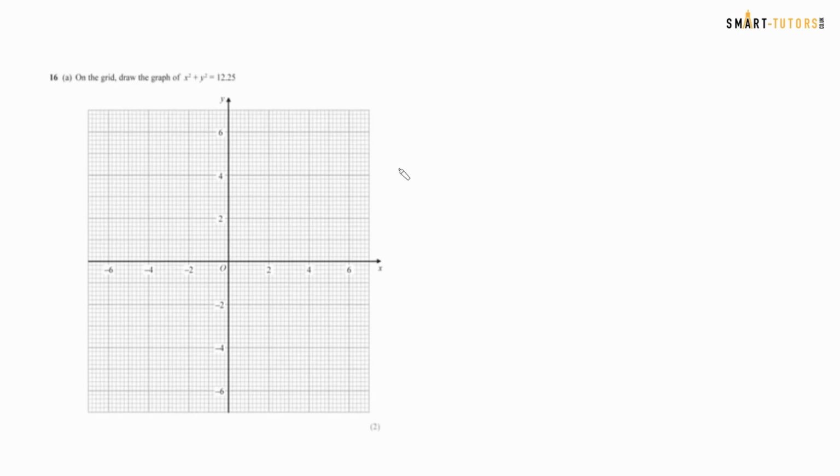Question number 16a. On the grid, draw the graph of x squared plus y squared equals 12.25. So the graph sketch is given, and we need to draw the graph. I hope you have studied this one. This is the general format of the circle: x squared plus y squared equals r squared. Any equation in this format is a circle.